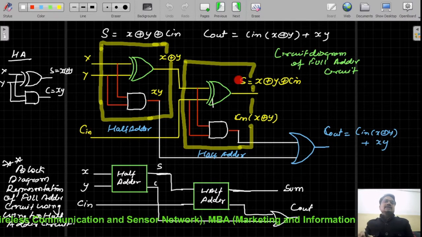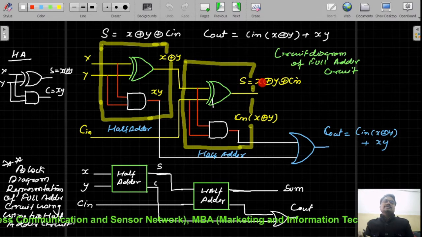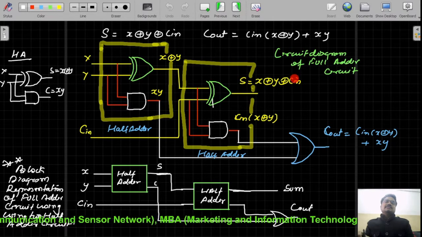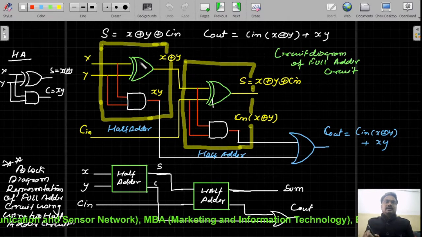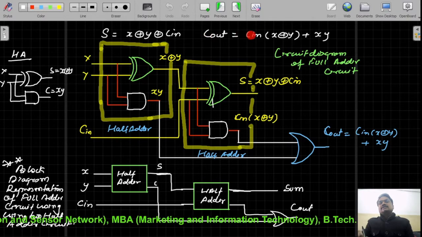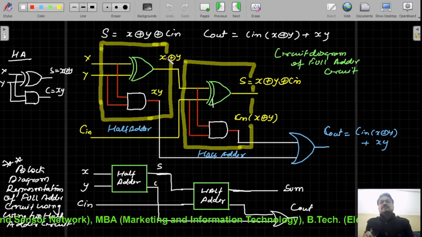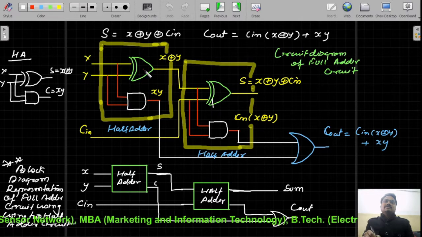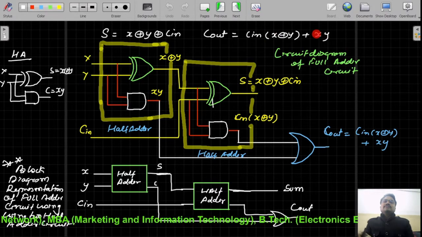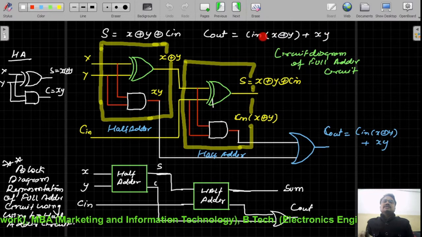So finally we will get S equal to X XOR Y XOR Cin, which represents the sum expression. The purpose of writing the Cout expression in this form was that there are two terms: the first term is XY and another is Cin (X XOR Y).